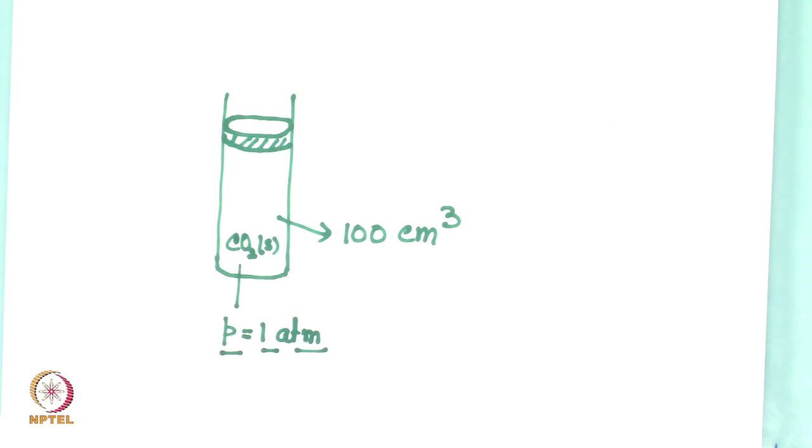Now, let us realize that based upon the phase diagram of carbon dioxide, carbon dioxide cannot exist in solid form at 1 atmosphere and 20 degrees Celsius. It directly converts into vapors without going through liquid form.